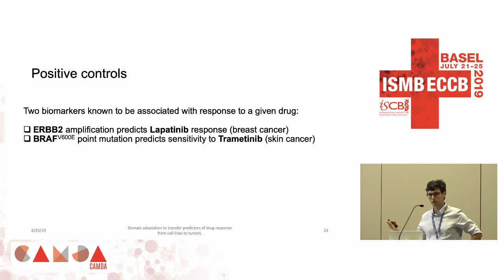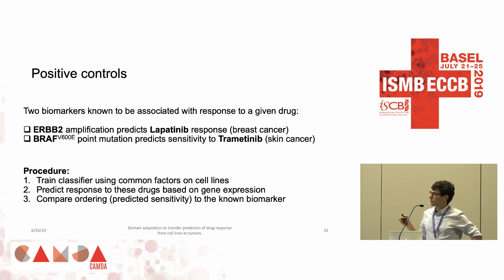So if a patient comes into the clinic and is shown to have ERBB2 amplification, then a clinician will directly give lapatinib because it's known to be a good predictor for lapatinib sensitivity. And the second one is BRAF V600E point mutation that is a predictor of trametinib in skin cancer. So the same here, if a patient comes into the clinic with this specific point mutation, then a practitioner will prescribe trametinib.